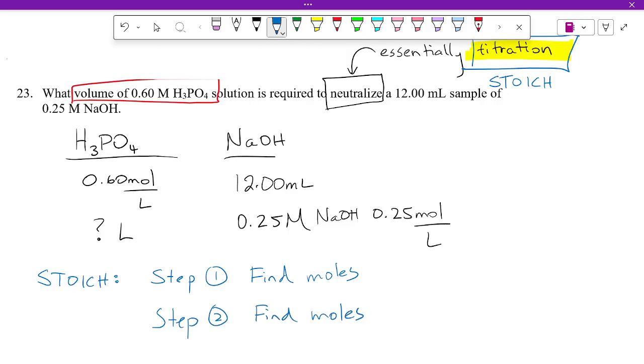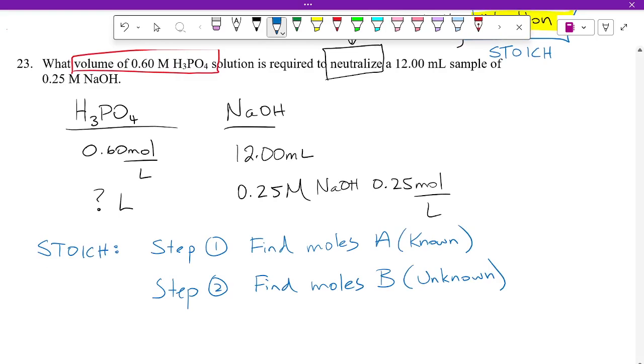Oh my gosh, look at that. Step 1 and step 2 are the same, except you're not finding moles of the same thing. Here you're finding moles of A, which is your known, and here you're finding moles of B, which is your unknown. So anytime you're doing a titration, find moles, find moles. And then step 3 is going to be find whatever.